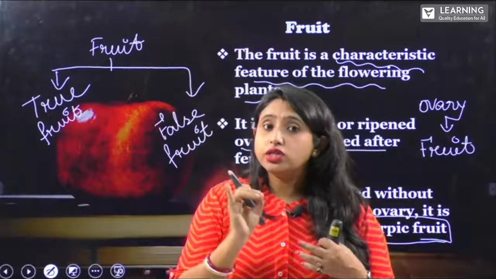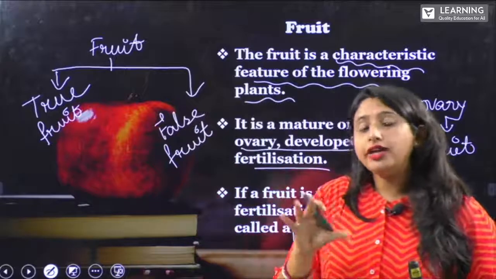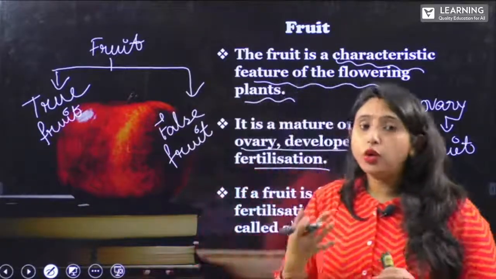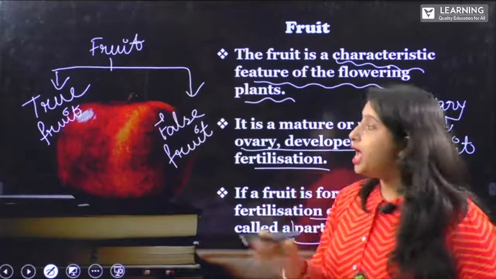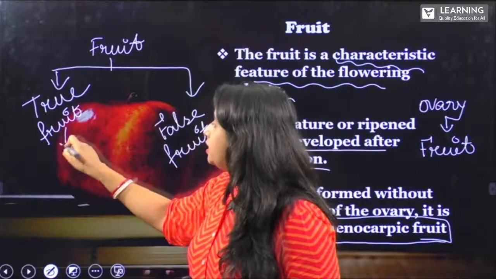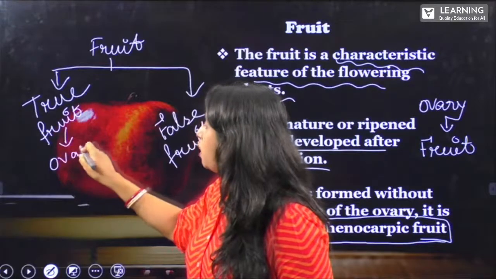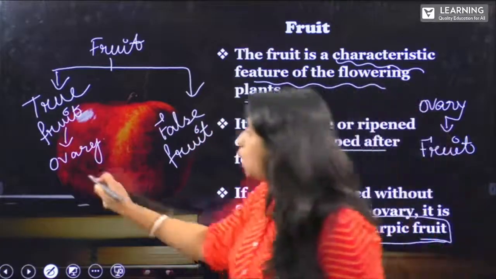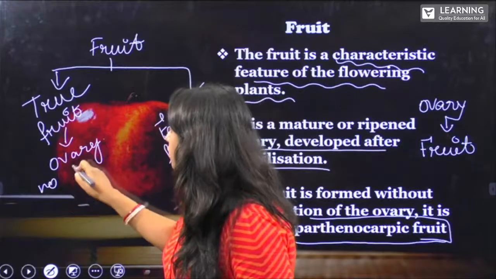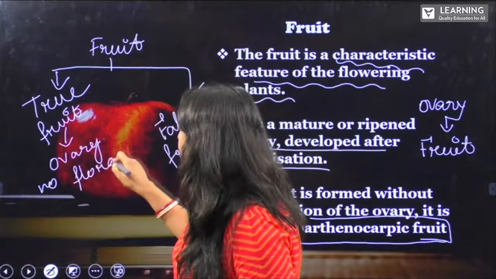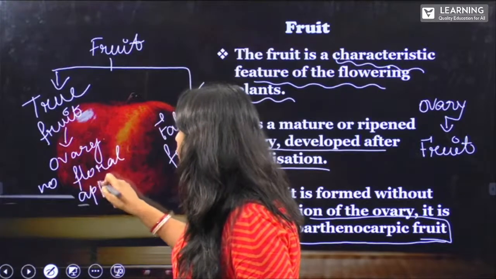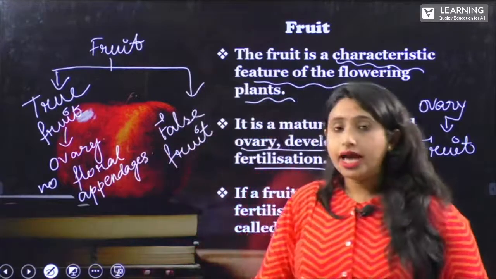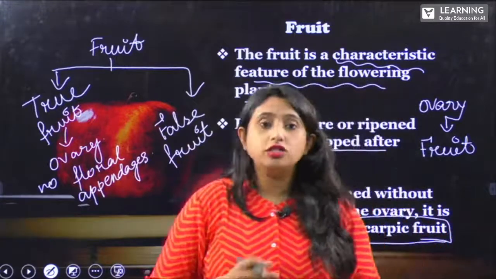When the fruit is formed directly from the ovary and there is no attachment of the floral appendages, that is a true fruit. Directly the fruit is formed from the ripened ovary, and appendages like the calyx or the corolla are not attached.